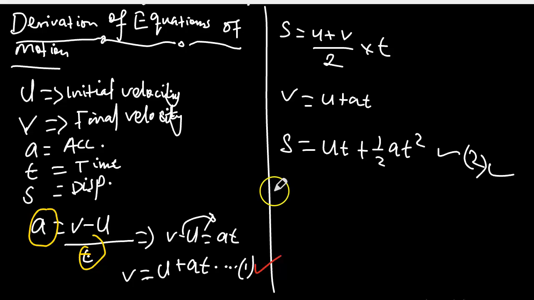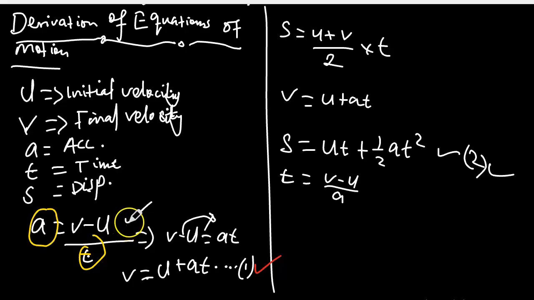We know that t is going to be equal to v minus u divided by a, just like we have it here from the first equation of motion.